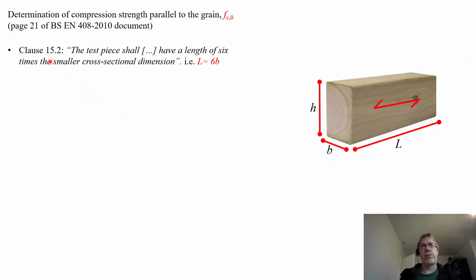Clause 15.2, the test piece shall have a length of 6 times the smaller cross-sectional dimension. So L equals 6 times b.